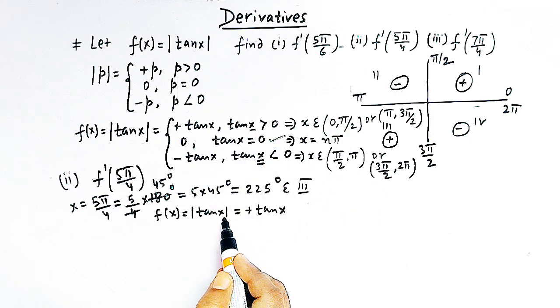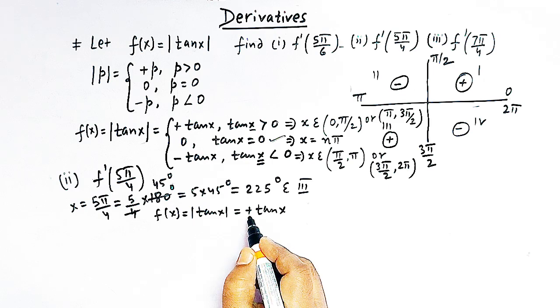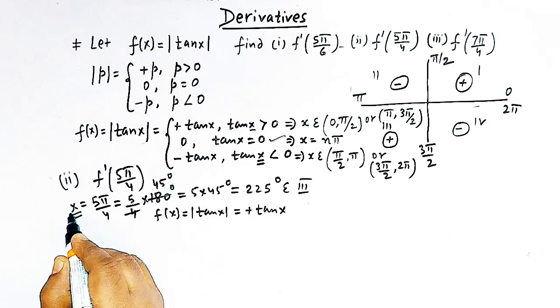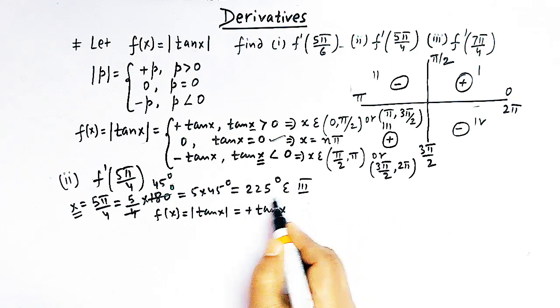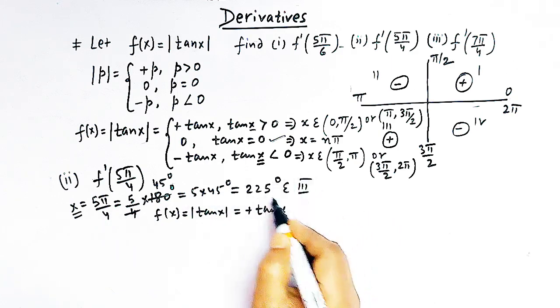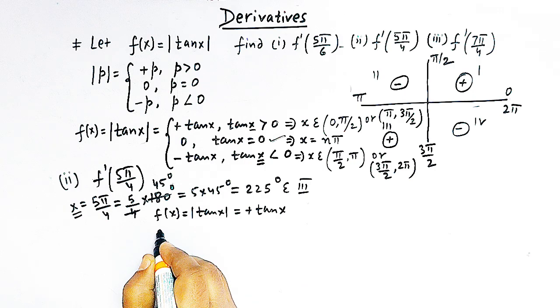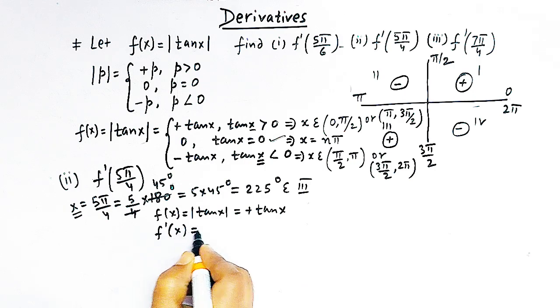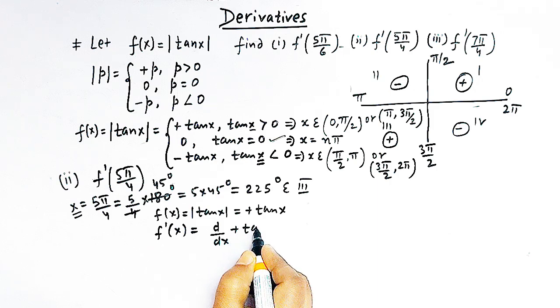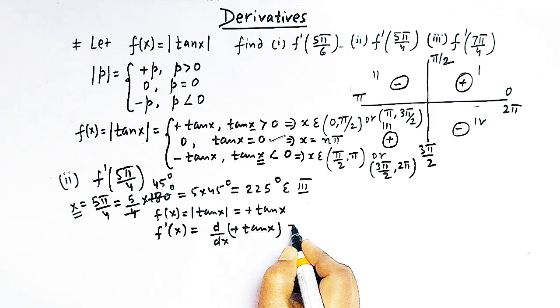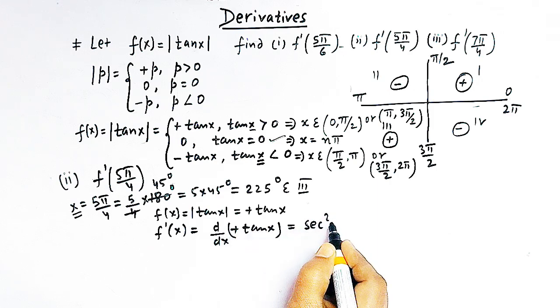So mod of tan x should be taken as positive tan x, because the value of x where we have to find the derivative belongs to the third quadrant. So now f prime of x is equal to the derivative of positive tan x, that is simply secant square x.